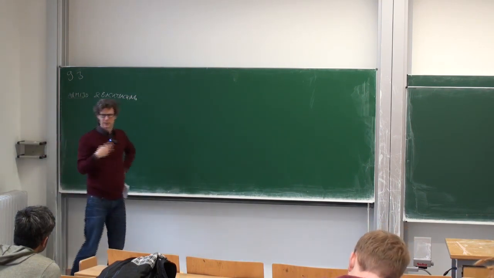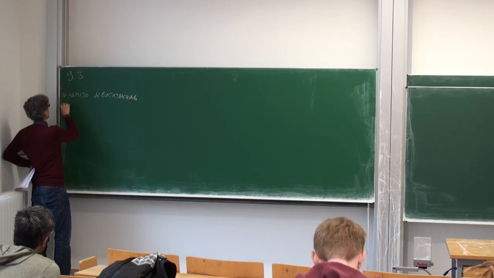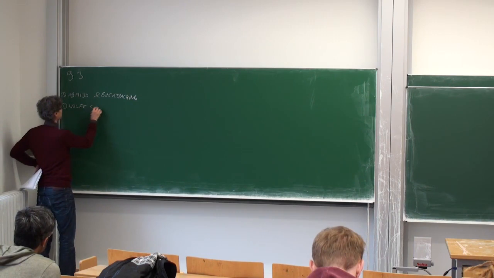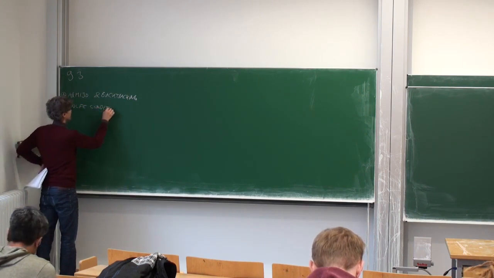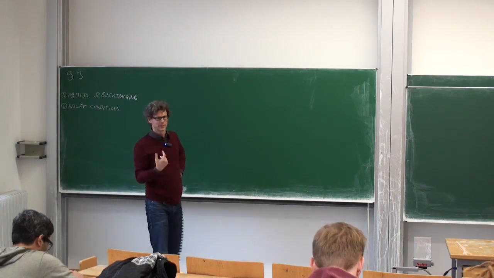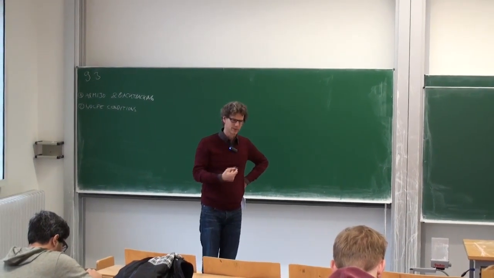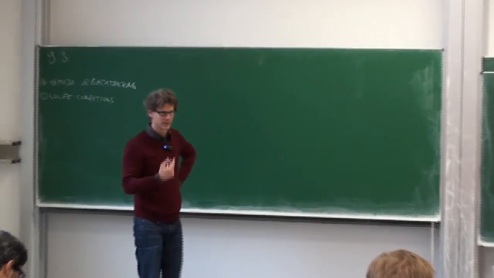This algorithm was already known before, but the second possibility was to use the Wolfe conditions. And the Wolfe conditions were a second set of conditions that should be satisfied by a step in order to be able to prove global convergence.